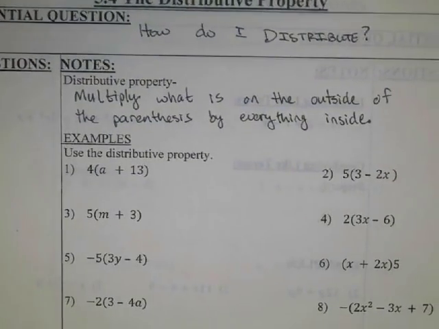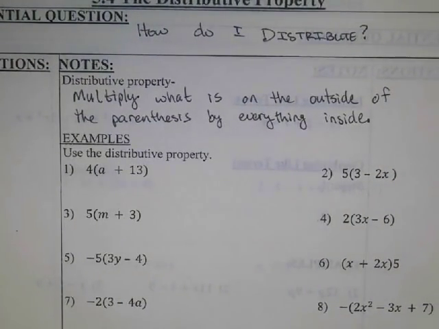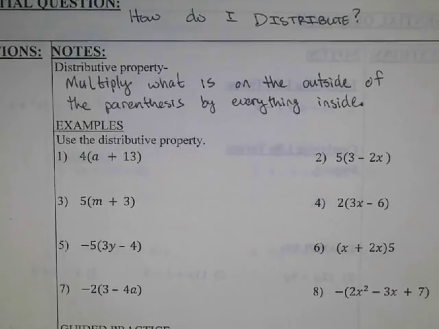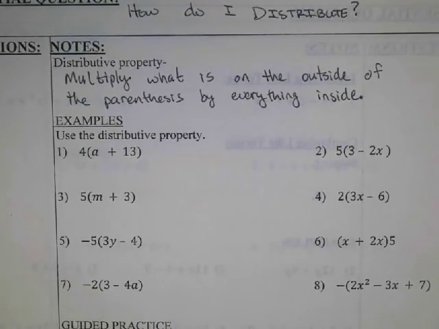So we're going to multiply whatever's on the outside of the parentheses by everything inside the parentheses. So let me show you some examples, see if we can make some sense of this.